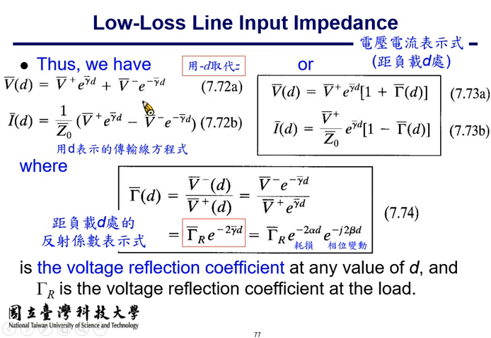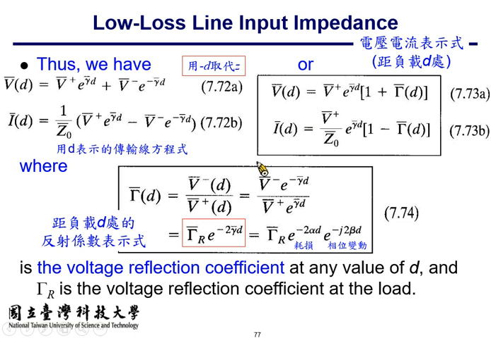Gamma is defined in terms of the reverse going wave V minus over the forward going wave V plus. So we can change the expression for 7.72 to the ones shown here, 7.73. So the voltage signal is V plus exponential gamma D times 1 plus gamma D.